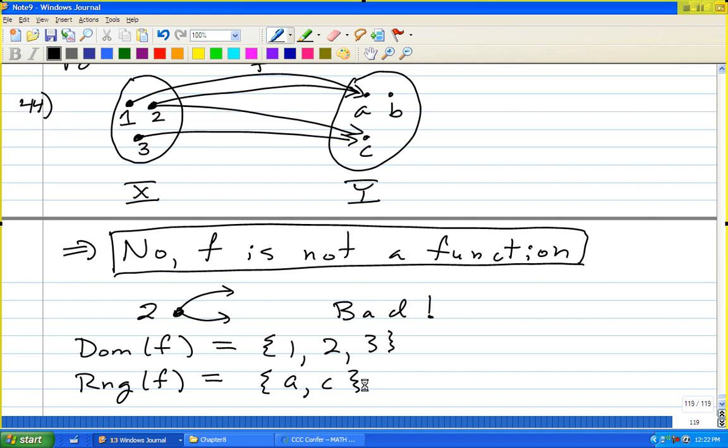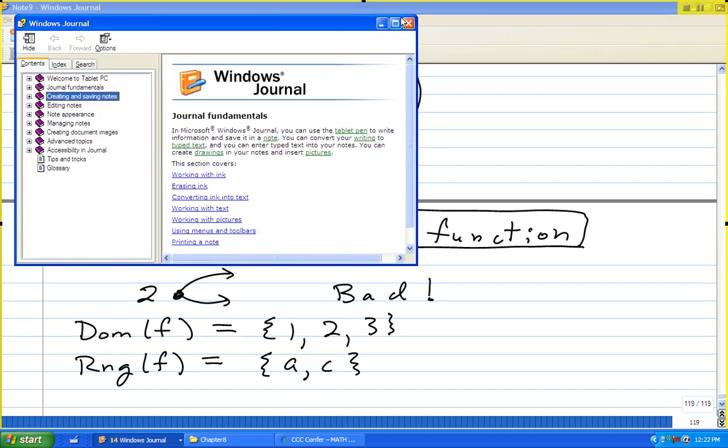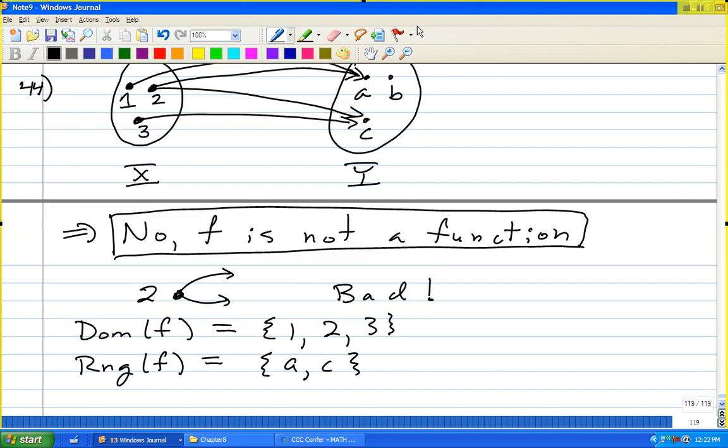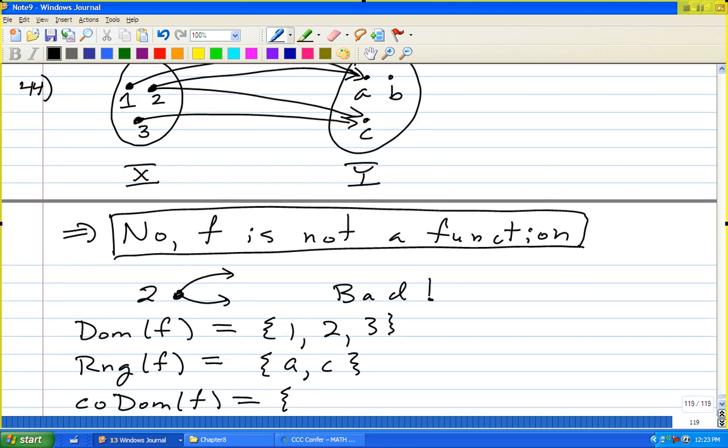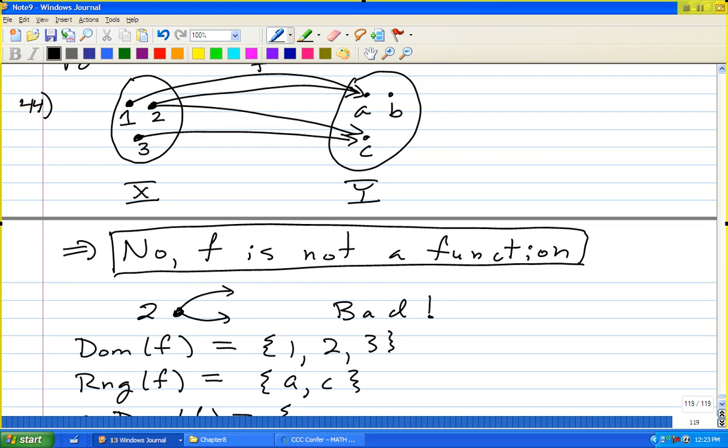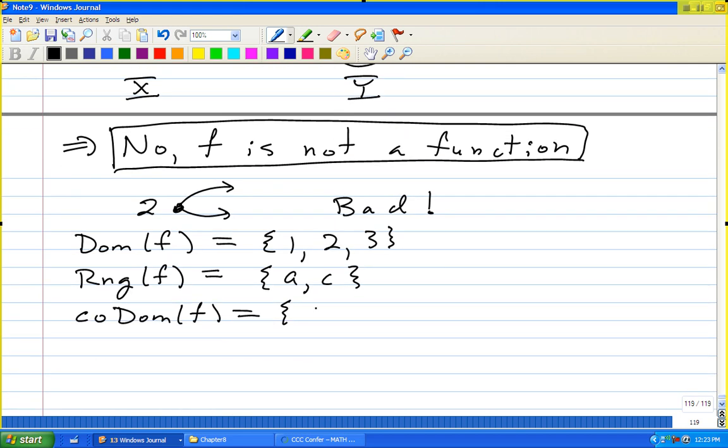Let's find the codomain. So in this case, the set of possible outputs is A, B, and C, even though B is never actually an output for any input.